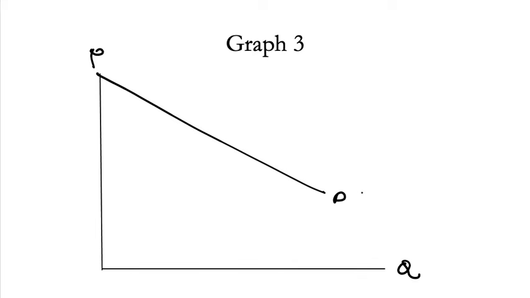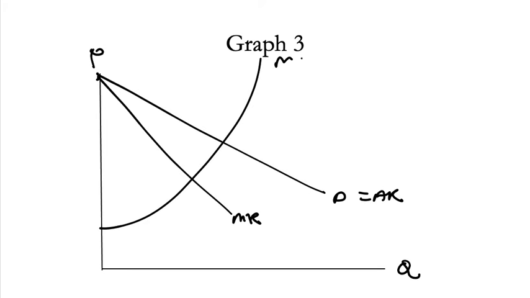This is the demand curve, equivalent to AR. This is the marginal revenue curve. MC looks like this. If it is just a single price, the profit maximizing condition is MC equal to MR. When I say single price, everybody is charged the same price. You are not making discrimination at all.